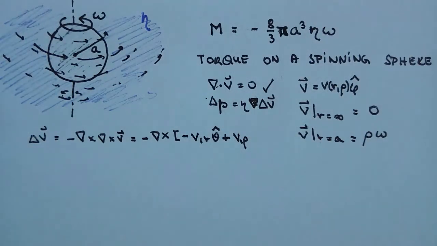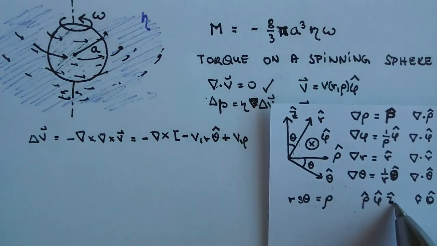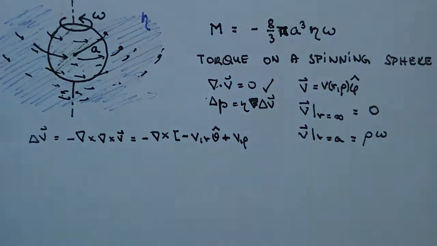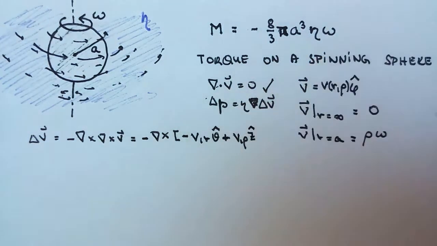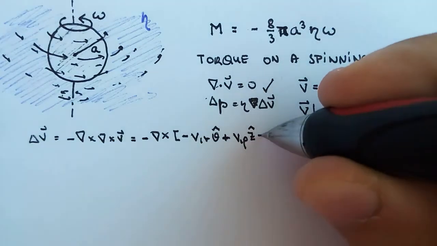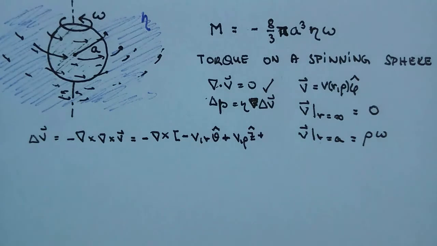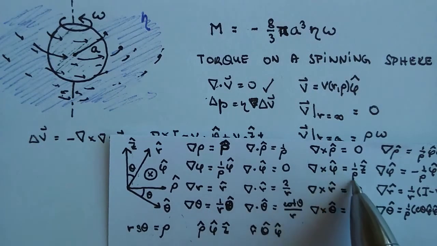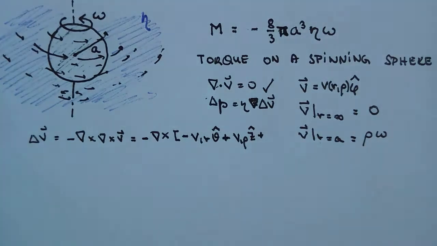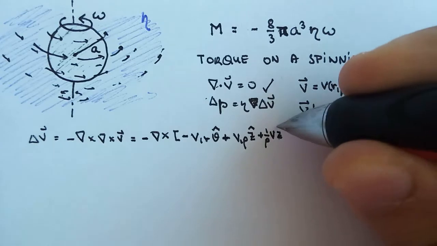Rho hat cross phi hat is z hat because of this positive direction. It's z hat, plus 1 over rho, because the curl of phi is 1 over rho times z hat, so that's plus 1 over rho v z hat.